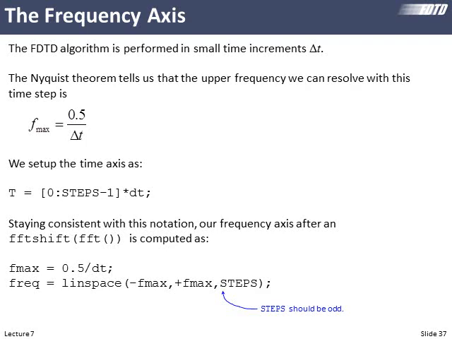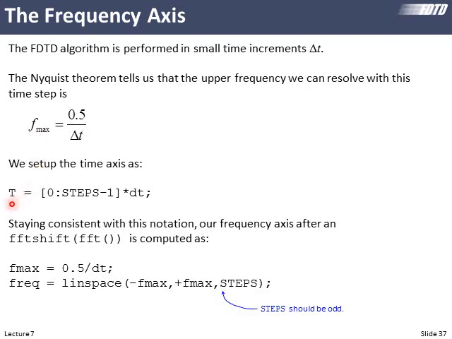So once we Fourier transform, let's think about the frequency axis. From the Nyquist sampling theorem, we know based on our time step, delta t, that there is a certain maximum frequency that we're going to be able to resolve, and it's 0.5 over delta t. So just due to the Nyquist sampling theorem, we will not be able to resolve frequencies higher than f max.